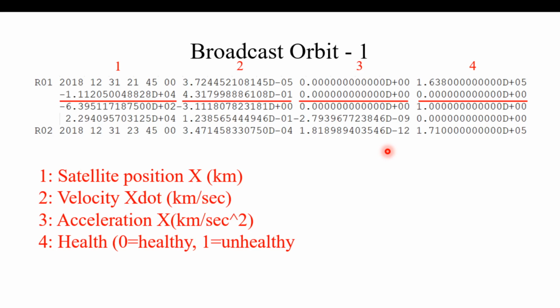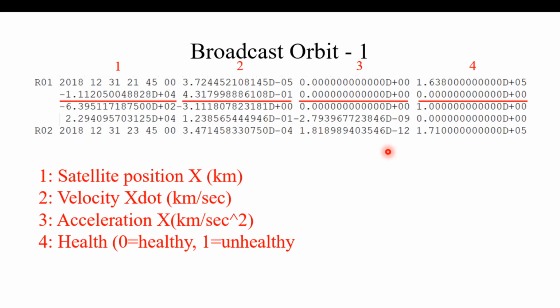If we compare to GPS, for example, GPS uses the WGS 84 system, but GLONASS uses another system. But you see here the satellite position and velocity is given. So this is the initial value problem of the orbit determination problem.